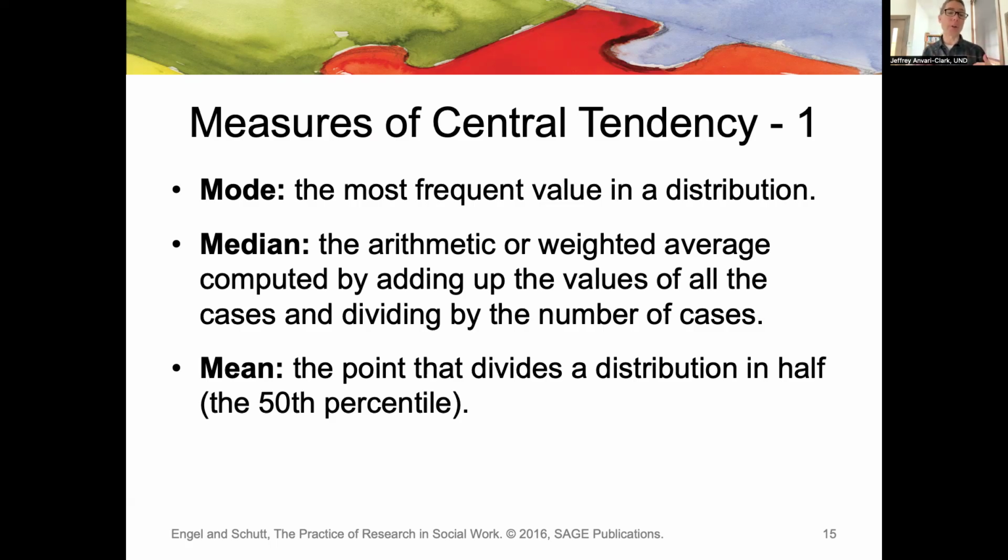For me to remember, what is the mode? This is the most frequent value in a distribution. So maybe you've got, on a scale of 1 to 10, and out of 15 people who are responding, 10 of them respond with a 9.